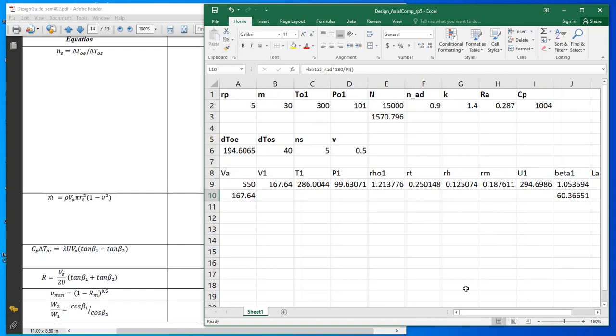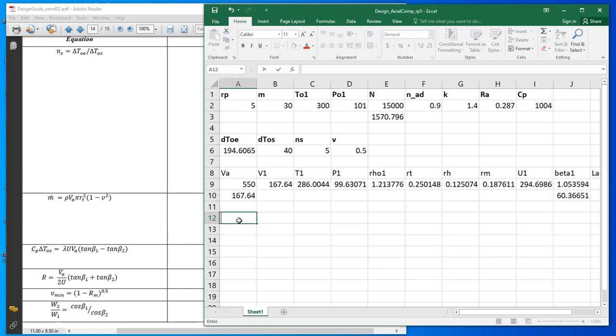So that completes our design for, actually no, we need to do the check. So check 1 and then check 2.